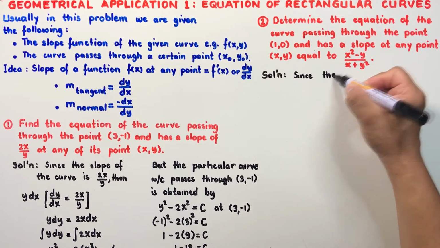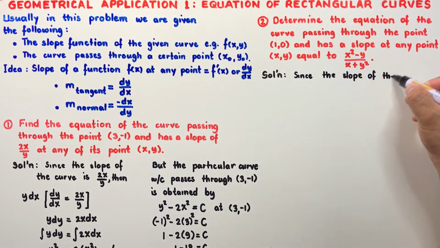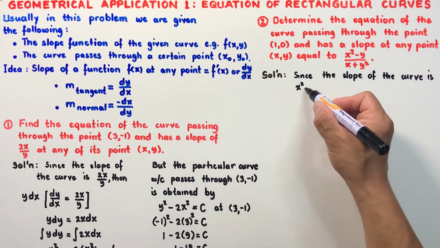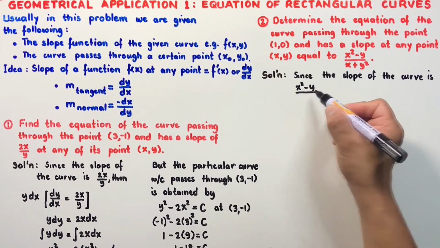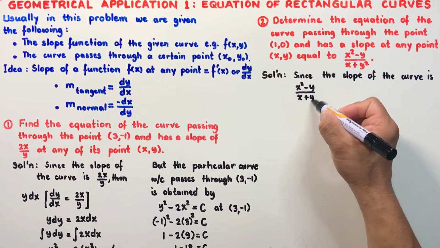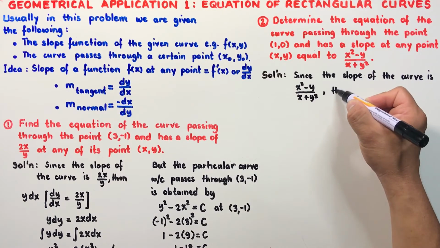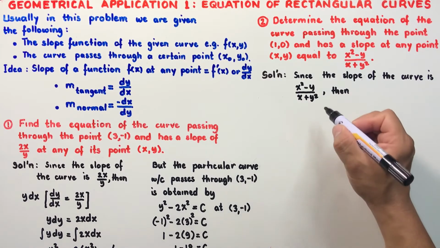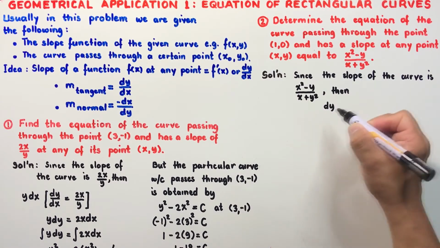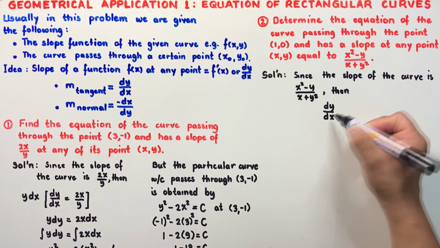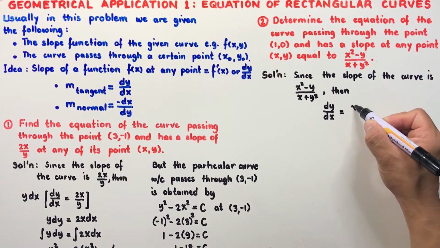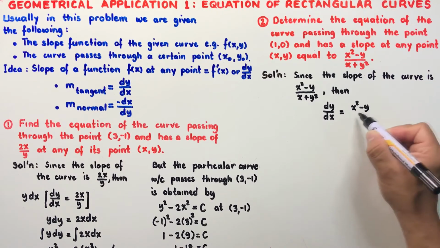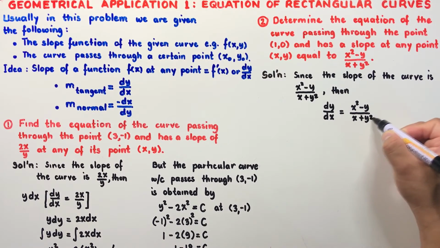Since the slope of the curve is (x squared minus y) over (x plus y squared), we can formulate our differential equation, because we know that the slope is the first derivative dy/dx. So dy/dx is equal to (x squared minus y) over (x plus y squared).